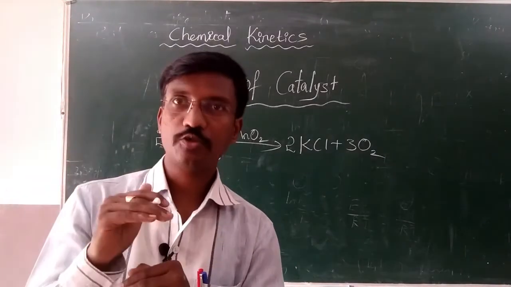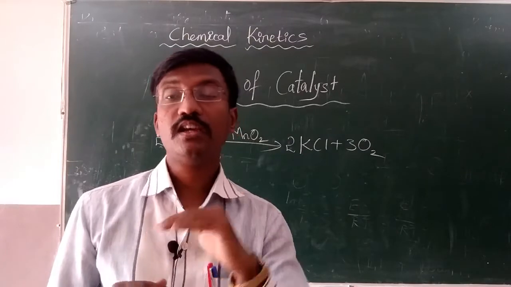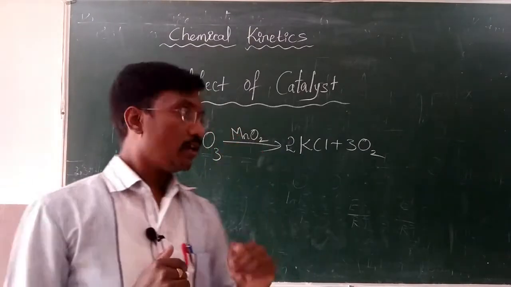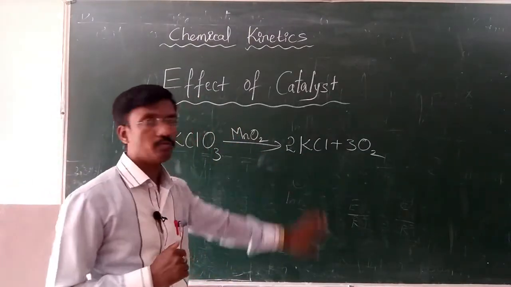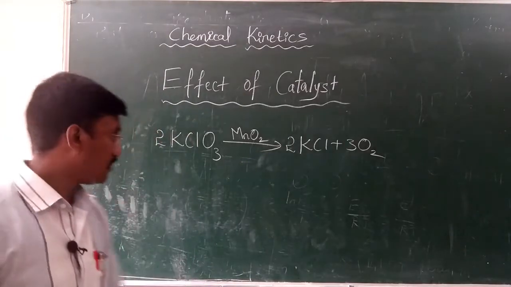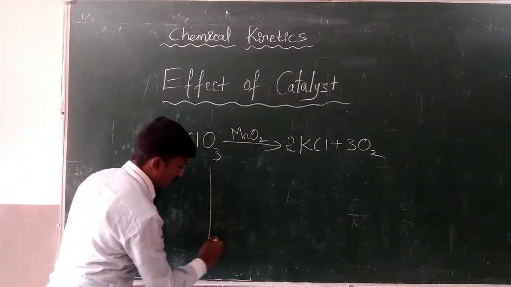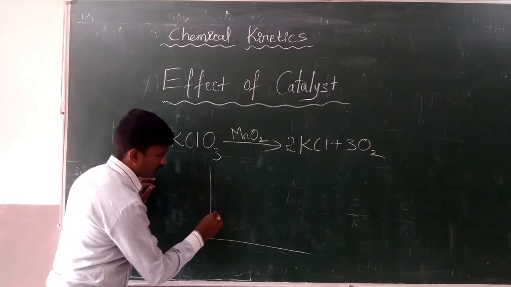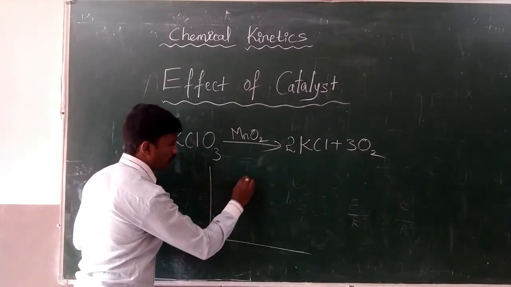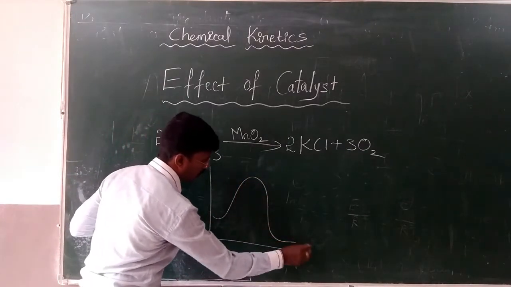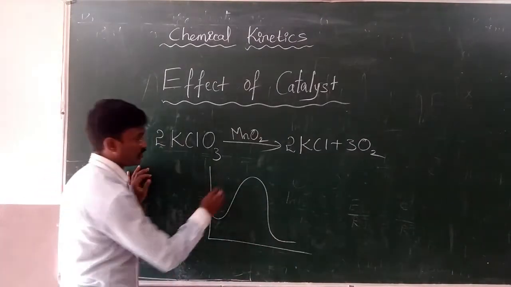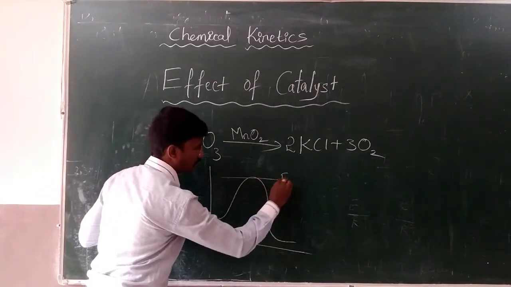It reduces the time, or rather it reduces the activation energy required for the reactant to form a product. How? Look here, in the Arrhenius theory, we saw the reactants form the product by being given some amount of energy. That energy is called the activation energy.